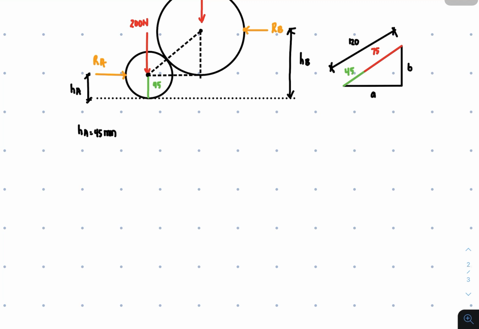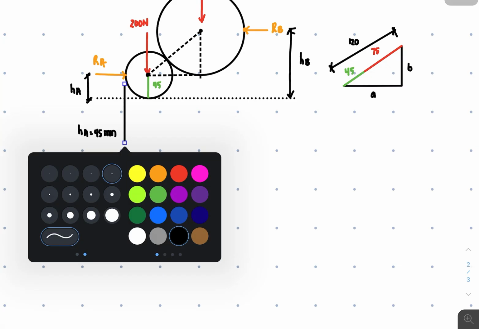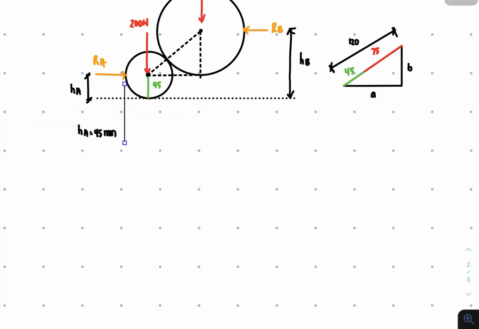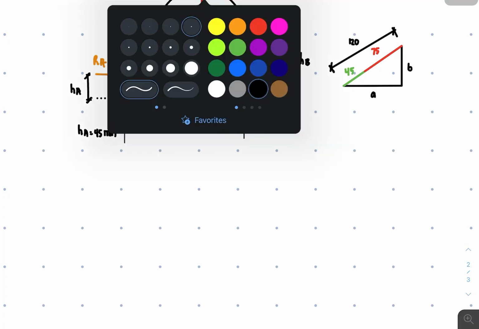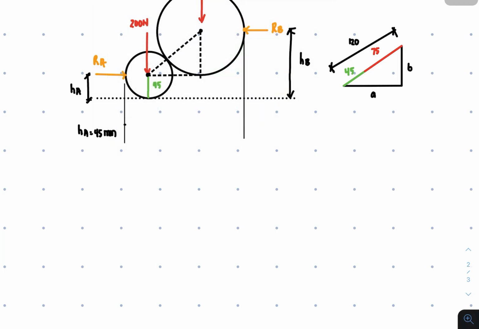Remember that this edge of the sphere, this portion edge of the sphere, this is the measurement of the length of the cylinder, right?